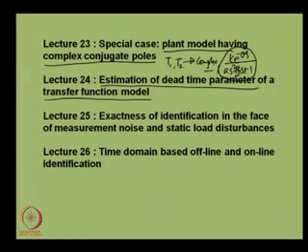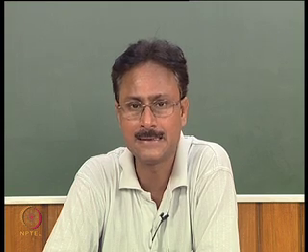Next, we shall study estimation of dead time parameter of a transfer function model. A second order transfer function model can have 3 to 4 unknowns. If some of the unknowns can be estimated by some other technique, then that will reduce the burden on us in estimating the number of unknowns. It has been found that some other simple techniques can be made use of to estimate some of the unknowns of the second order transfer function models.